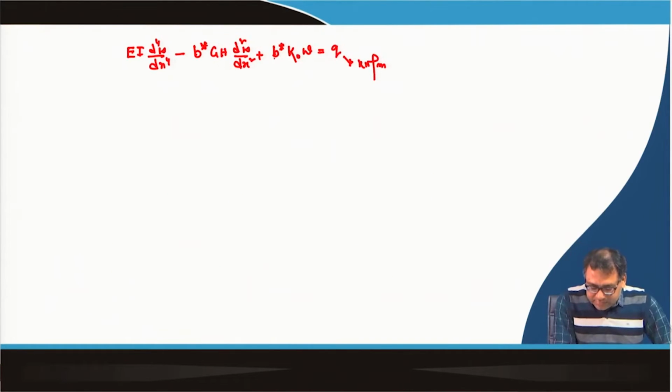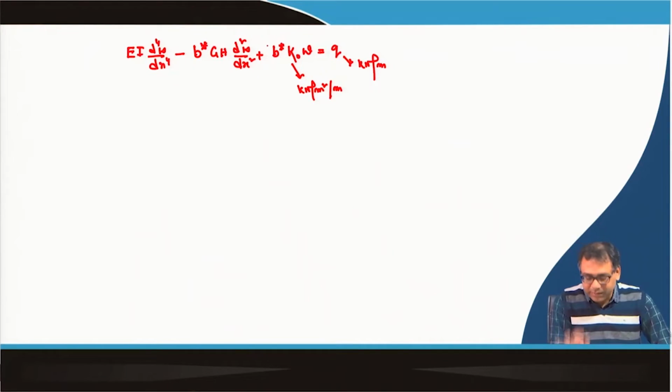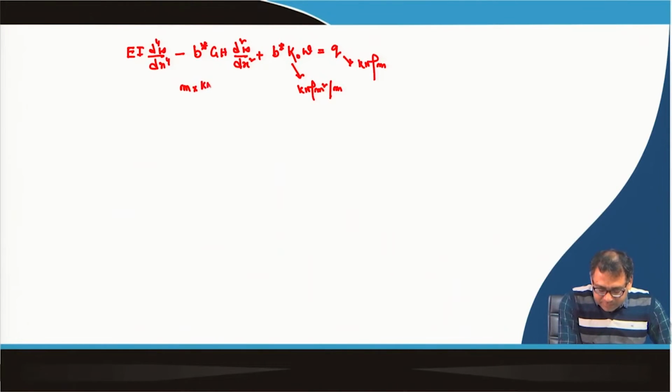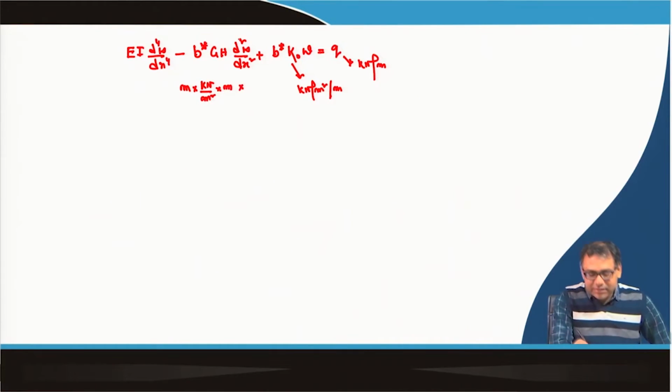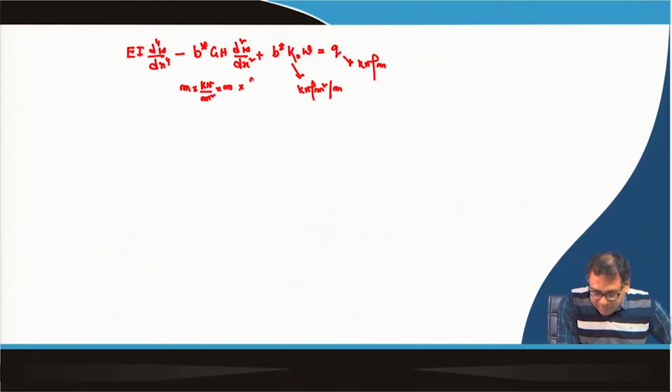So, here it is b is meter, this is kilonewton, this is kilonewton per meter square per meter. So, into meter into meter. So, this is also kilonewton per meter. Now, this term, this is meter, then kilonewton per meter square, G is kilonewton per meter square, H is meter, then this is d square W by dx square, W is meter, x square is meter square.